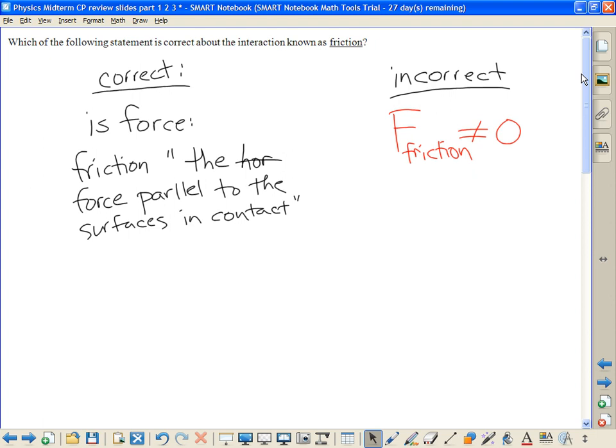So what's not going to be true about friction? The force of friction can't be zero? Well, it is for that trash can there, right? If there was a sideways force between the bottom of the trash can and the floor, we'd see it accelerate, presumably.